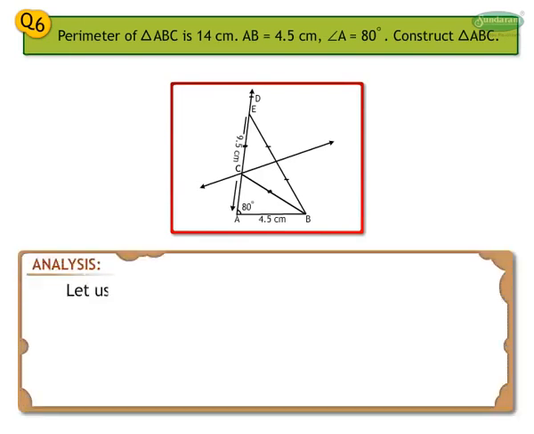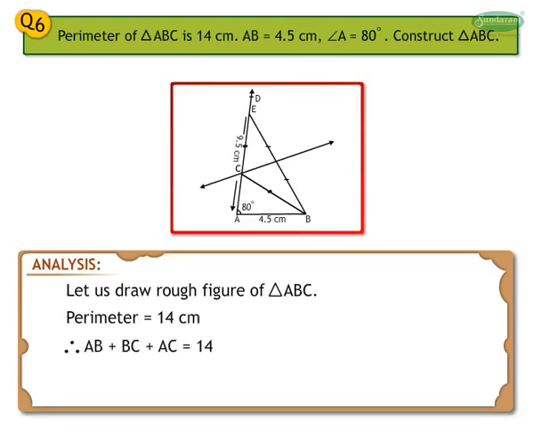Analysis. Let us draw a rough figure of triangle ABC. Perimeter, that is, the sum of the lengths of all three sides, is 14 centimeters. Therefore, AB plus BC plus AC is equal to 14. By substituting the value of AB, we get 4.5 plus BC plus AC is equal to 14.